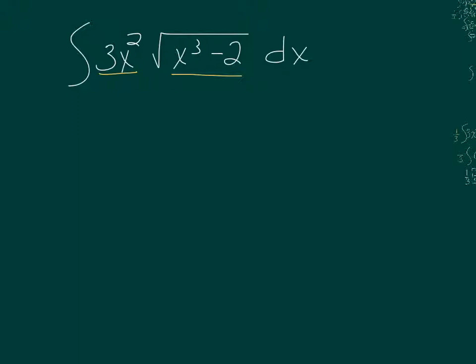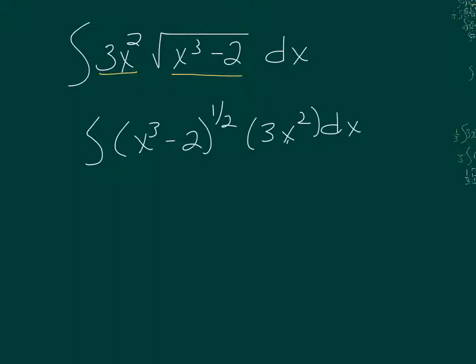So we can rewrite this as (x cubed minus 2) to the 1/2, to get that in a form that I can integrate more easily, times 3x squared dx. And so this becomes (x cubed minus 2), we add 1 to the 1/2, 3/2, over 3/2 or times 2/3, plus c. And there is our antiderivative.